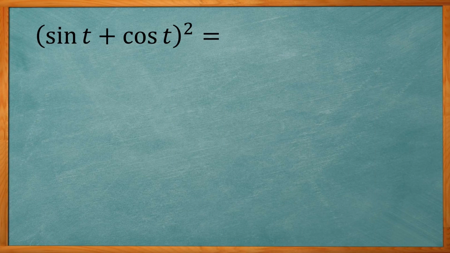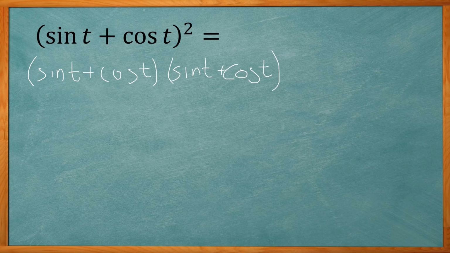So this one reads the quantity sine t plus cosine t quantity squared. Basically want to know what that equals. We need to simplify it. So this is squared, so what we're going to do, we're going to square this out. Remember that means sine t plus cosine t times sine t plus cosine of t. Alright, so I end up with sine t times sine t. I'm just using FOIL method here.